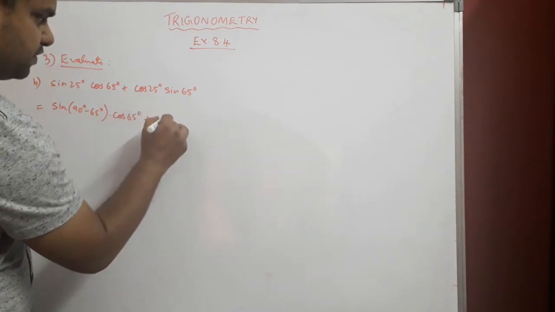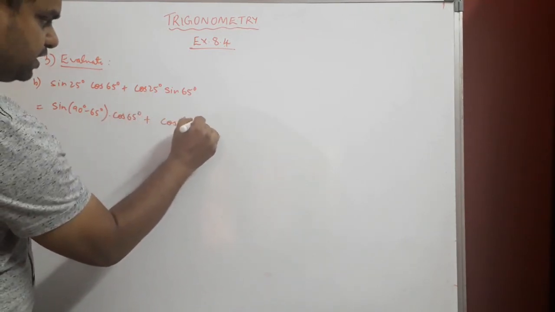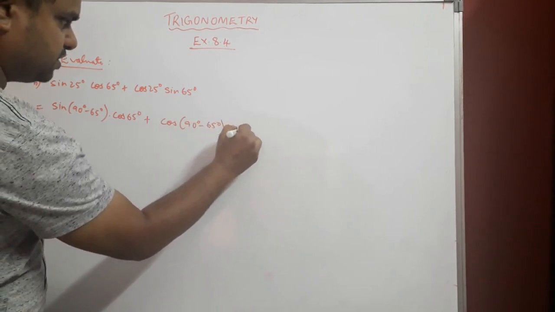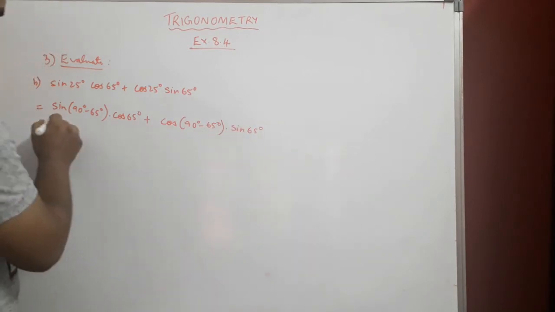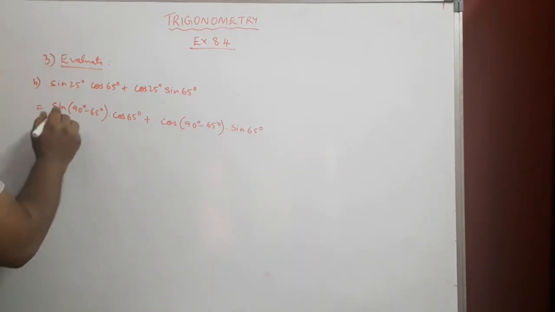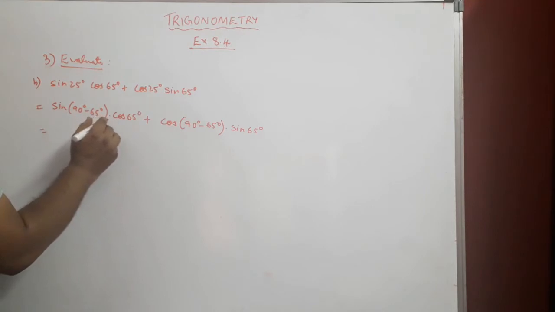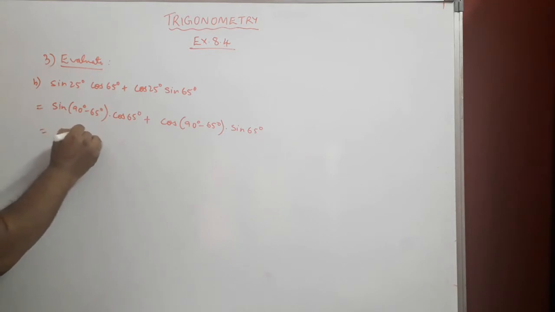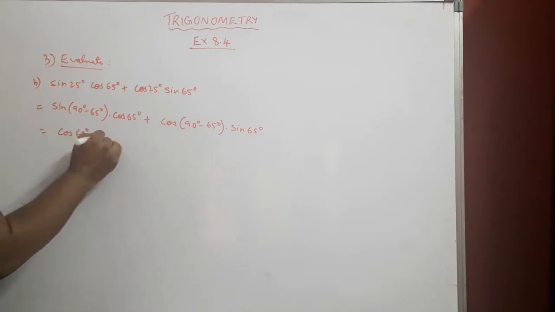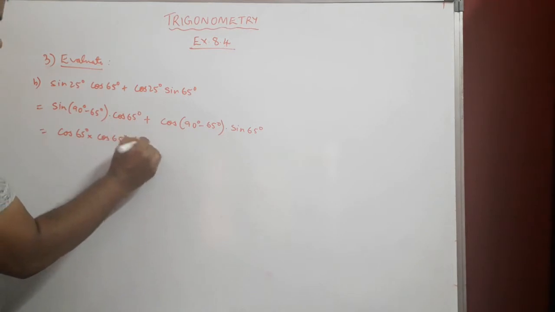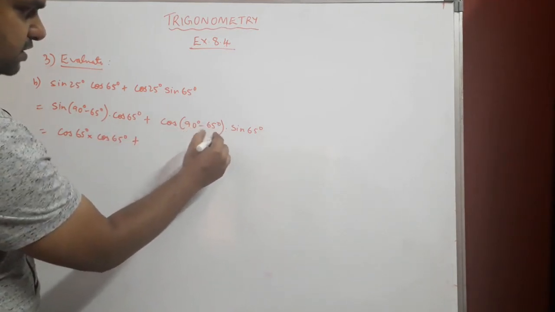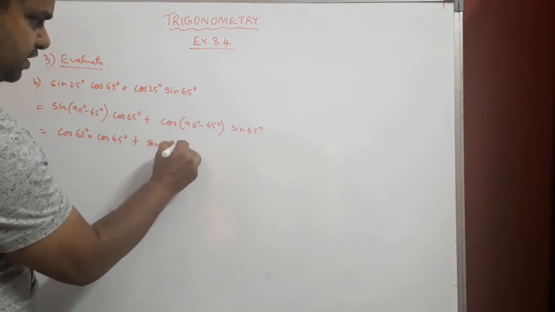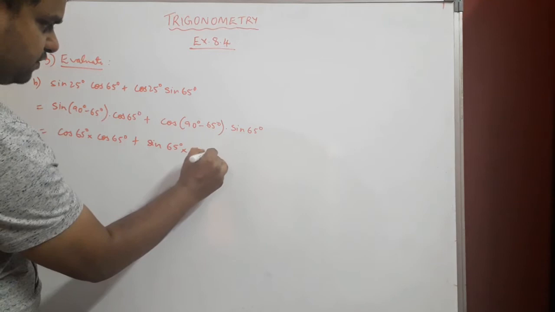Cos 25, we will convert that into cos of 90 degrees minus 65 degrees, and this will be sine of 65 degrees. Now sine of 90 degrees minus 65 degrees, the complementary of that would be cos of 65 degrees, multiplied into cos of 65 degrees, plus cos of 90 degrees minus 65 degrees, the complementary would be sine of 65 degrees into sine of 65 degrees.